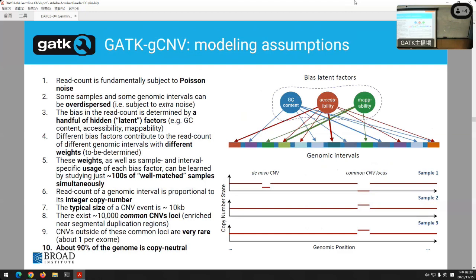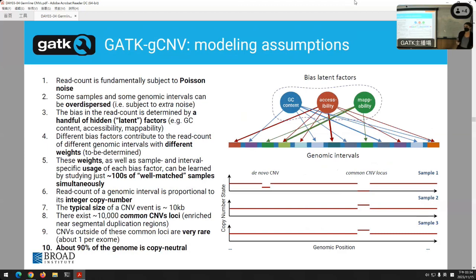Okay. Next, there are systematic biases in the read count that make it not directly only impacted by the copy number. And those biases are determined by just a handful of factors that we don't directly measure that are unobserved.